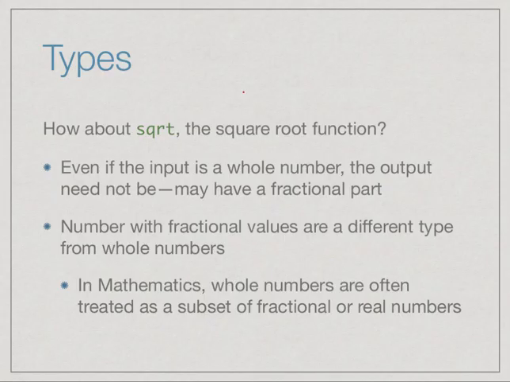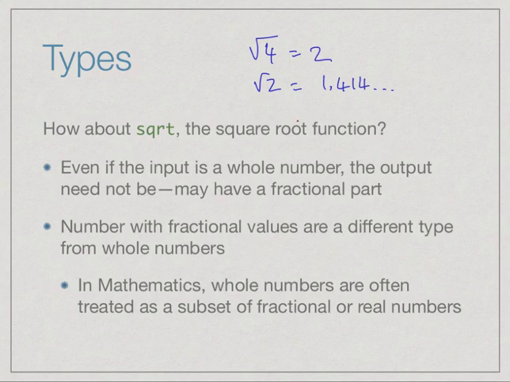So what about a function like square root that takes the square root of a number? Here, notice that even if the input is a whole number, the output need not be. The square root of 4 is 2. Okay? But the square root of 2 is in fact an irrational number, but at the very least it is a fractional number which is neither 1 nor 2. Right?